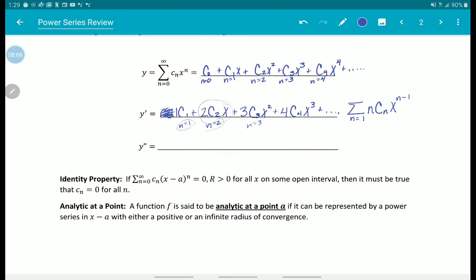If we were to move to this term, we would have x to the 2 minus 1, which would be x to the first. And if we were to check it with this one, we would have x to the 3 minus 1, which would be an x squared. So this seems to be working for all of our terms, which means that we can write this guy concisely this way.